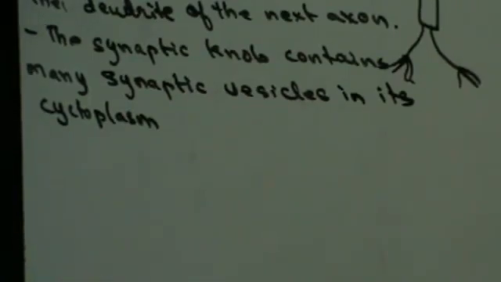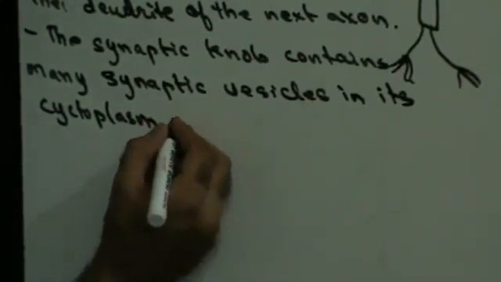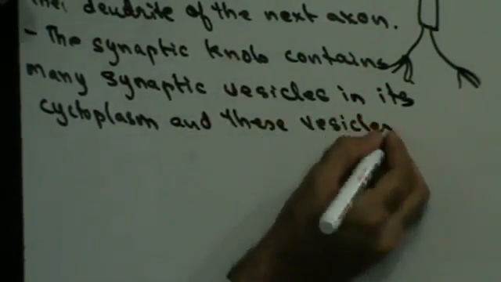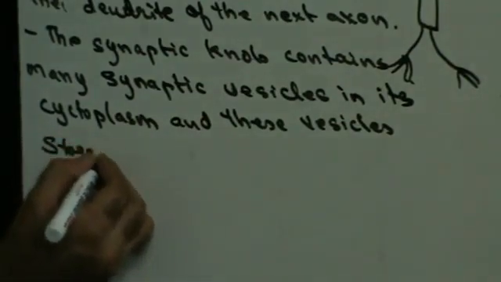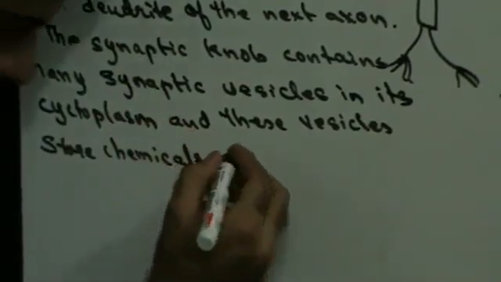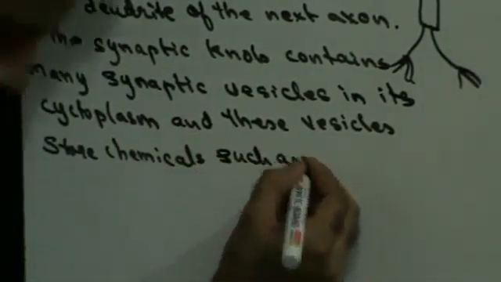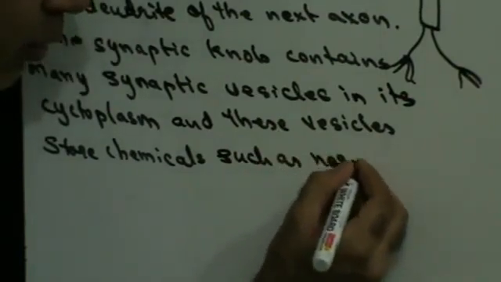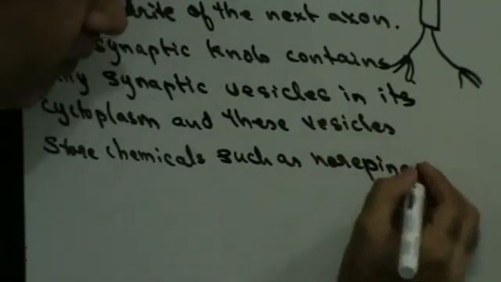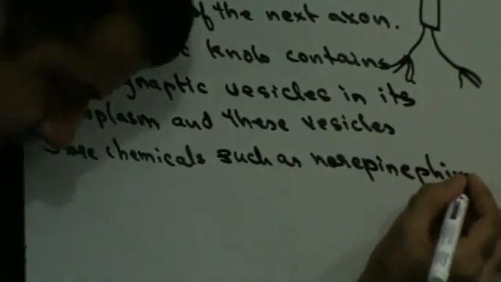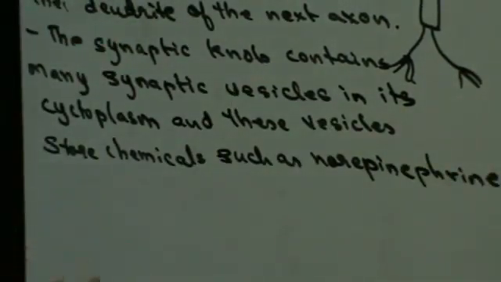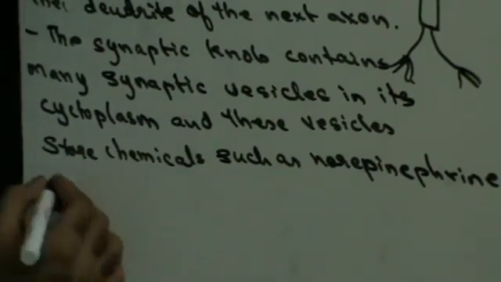And these vesicles store chemicals such as norepinephrine and acetylcholine.